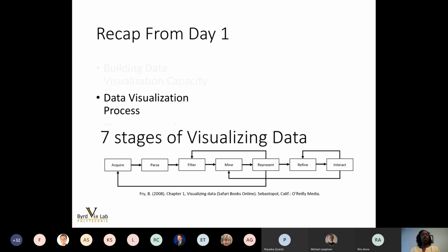For the purpose of introducing the process, I like this particular layout because it is simple and easy to interpret. You can see that the represent stage, which is further down in the process according to this framework, impacts a lot of the other stages in this process.